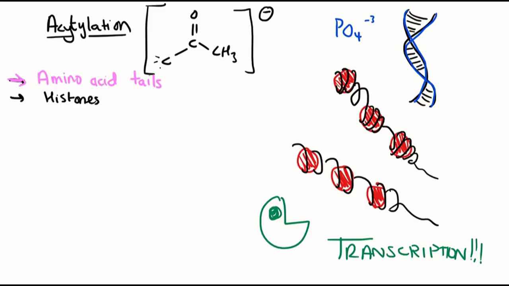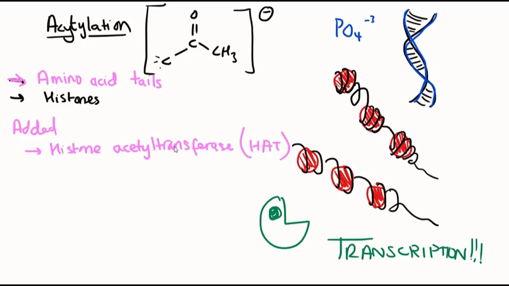A little bit more off spec here. Like methylation, where methyl groups are added via methyltransferase, acetylation is added via the enzyme histone acetyltransferase, also known as HAT.